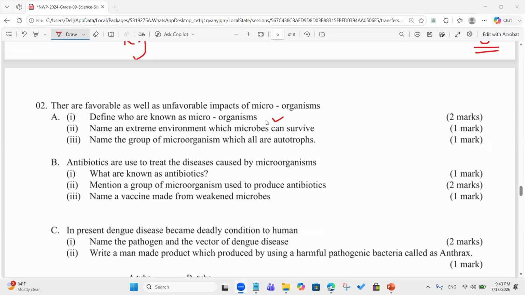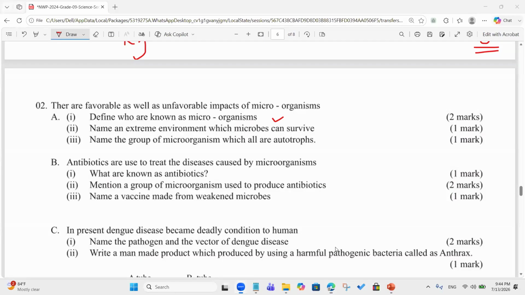One second, Lamai. Give me a second. Okay, then they are the extreme environments.